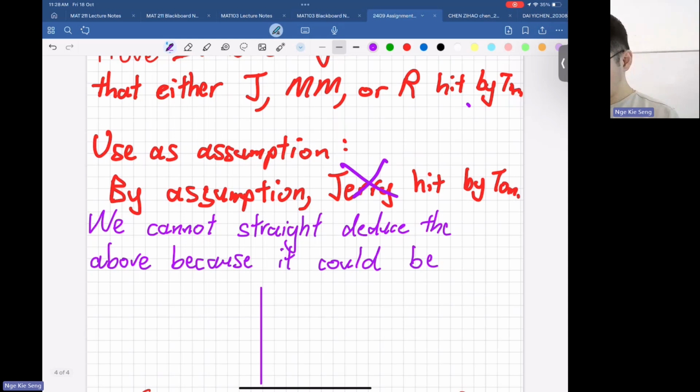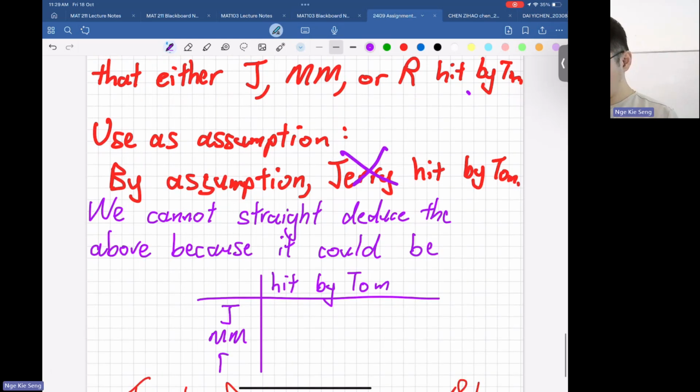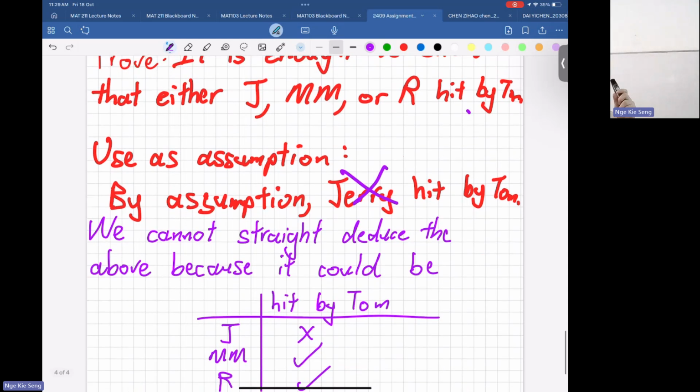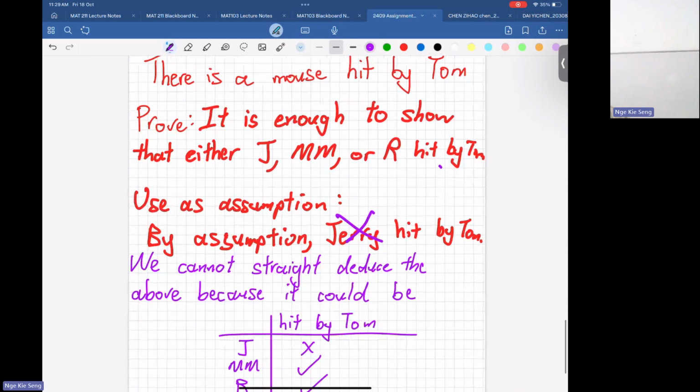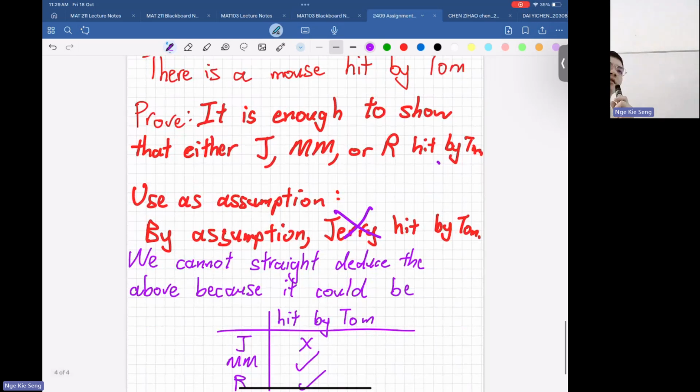Let's say here is hit by Tom, and let's do 3 columns here. Maybe Jerry is not hit by Tom, but Mickey Mouse is hit by Tom, and the rat is hit by Tom. Then the statement that there is a mouse hit by Tom is still true, because Mickey Mouse or the rat is hit, but not Jerry. Does it make sense or not?